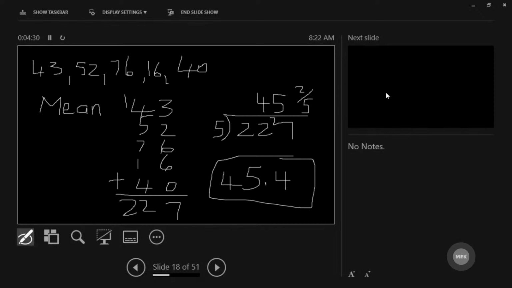Let's just do another one quickly. So this is reminding us of how to find the mean. So if they give you the set of numbers and they want the mean or the average, so 30, 0, 14, 95. So we have a great gap between the smallest and the biggest.